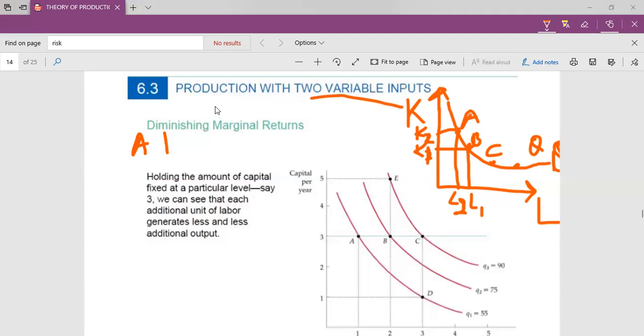Remember that in the short run, we are only having production with one variable input, where there was no change in technology. But here you can increase the number of machines used, even the technology of those machines, such that you increase output, right? All right.